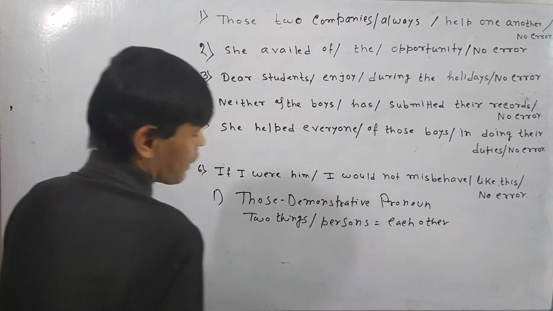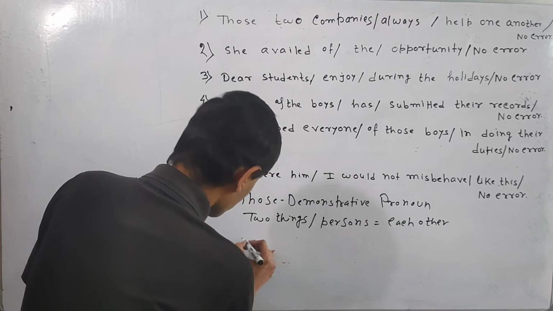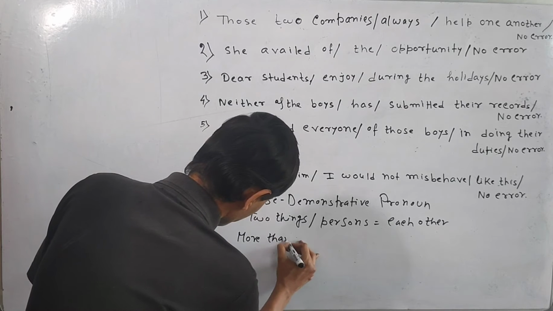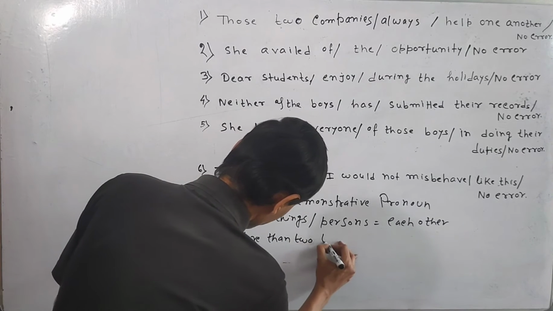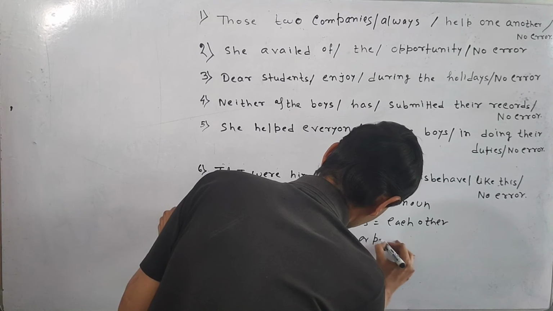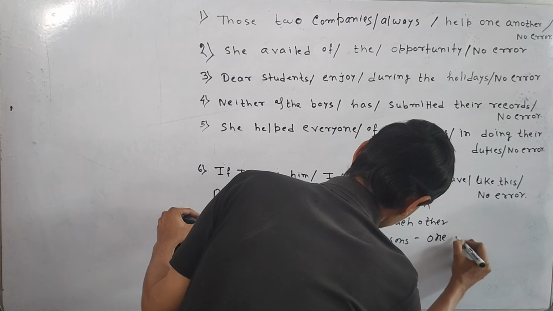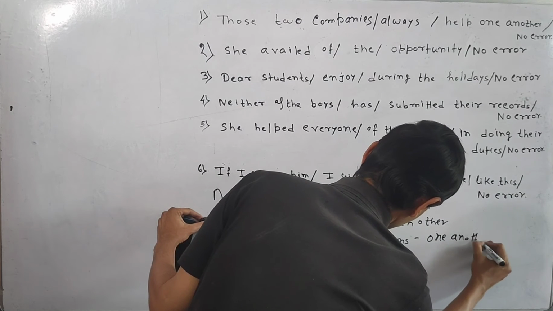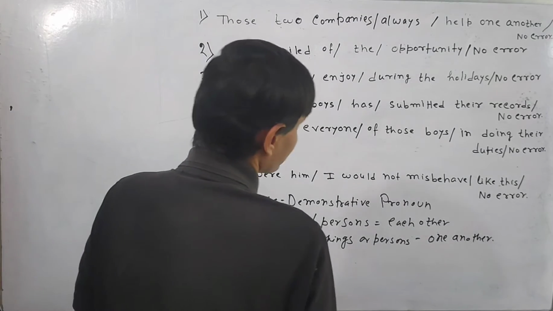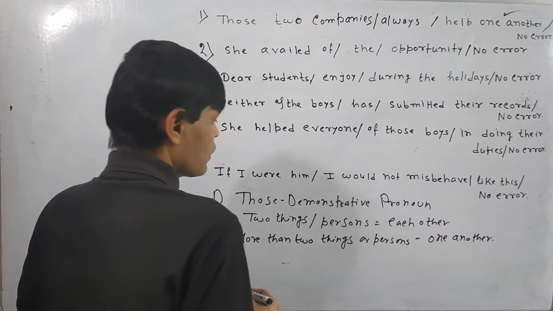In case of one another, more than two things or more than two persons, one another should be used. So here the mistake lies here. This means one another should not be used. Here is the mistake. Instead, each other should be used.